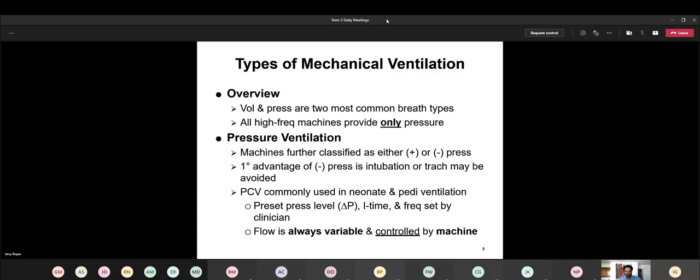And as we know, there's the good and the bad when it comes to iron lungs or chest cuirass as far as what these machines are able to do. They can't do all the fancy modes that the positive pressure machines can do. You can't add PEEP and things of that nature. You can't adjust FiO2, etc.